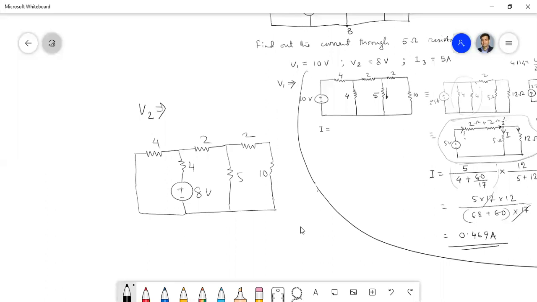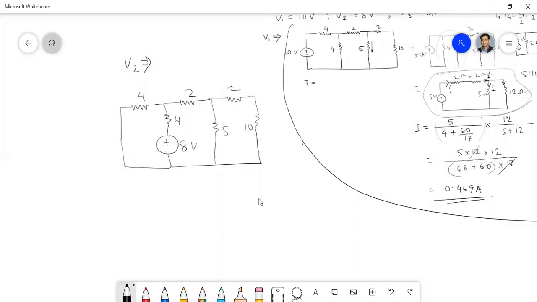So how will you solve this? Any suggestion? Here also you can go by the source transformation technique. So this is 8 and this is 4. What will you get as a source transformation?